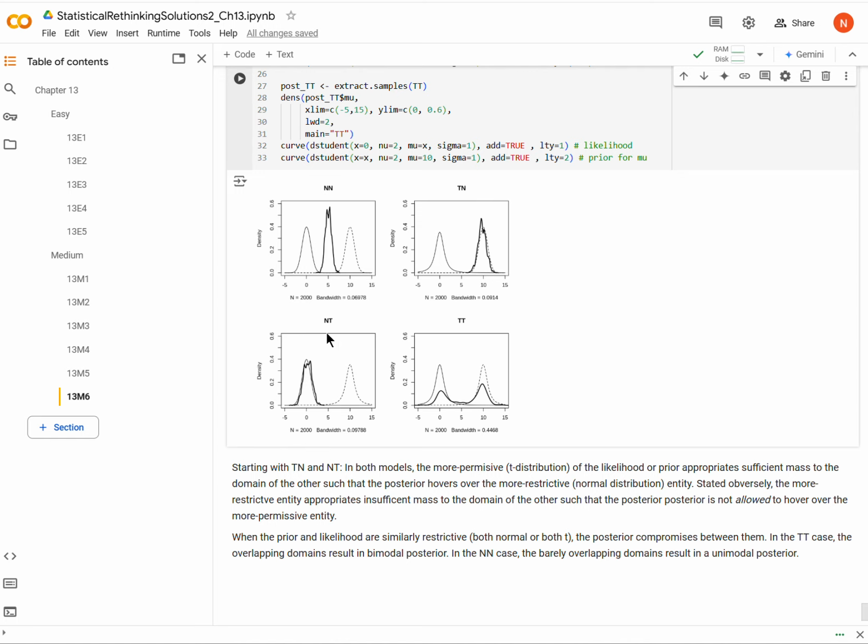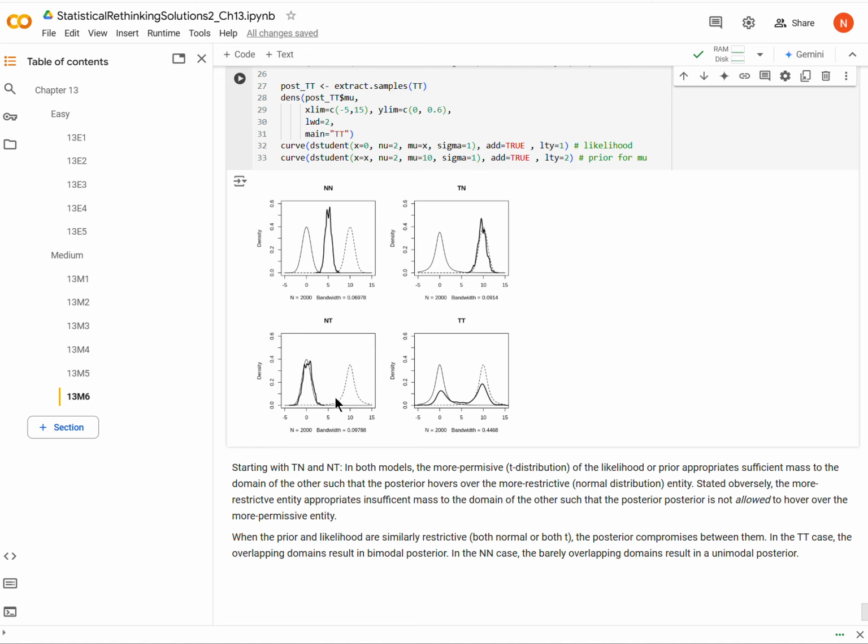Now, conversely, we have the roles reversed here in the bottom left, where the prior distribution is the more permissive t-distribution, and the likelihood is the more restrictive normal distribution. And so now we see the exact opposite thing for the inverse reason.